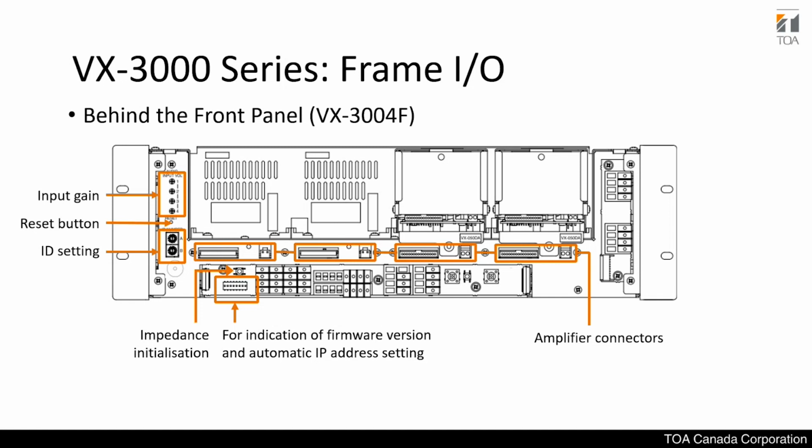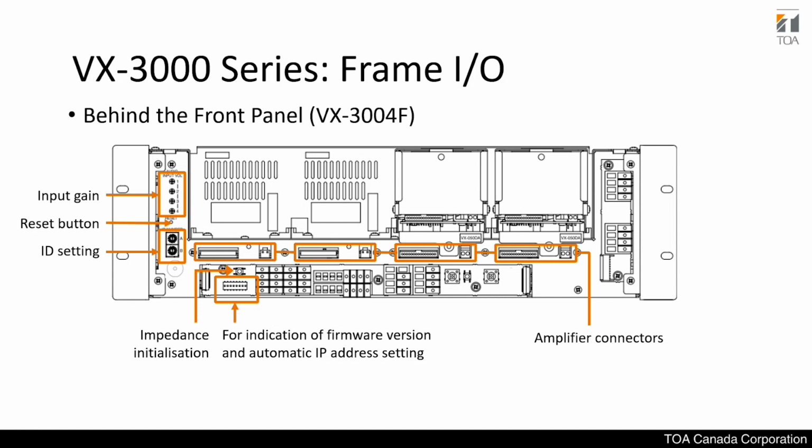I mentioned impedance monitoring earlier. The VX3000 has a feature to measure the initial impedance of the line connected to it, and then use that as a reference for monitoring in case there's a failure of the line later on.